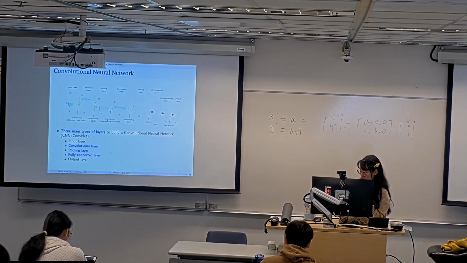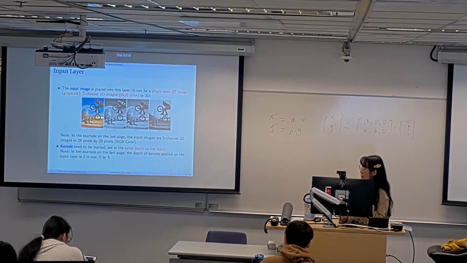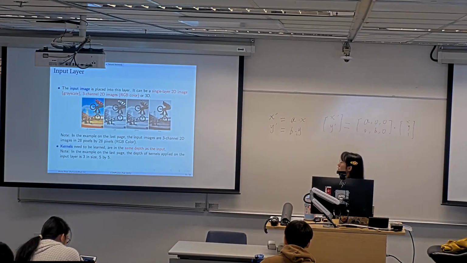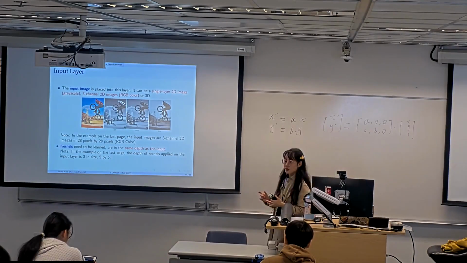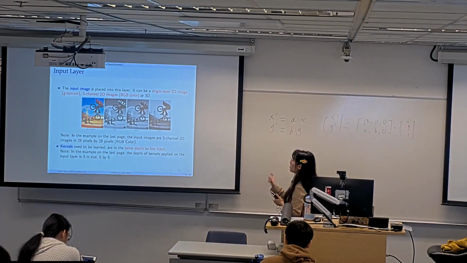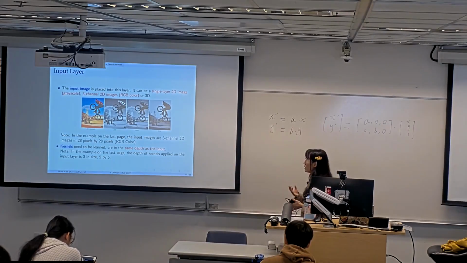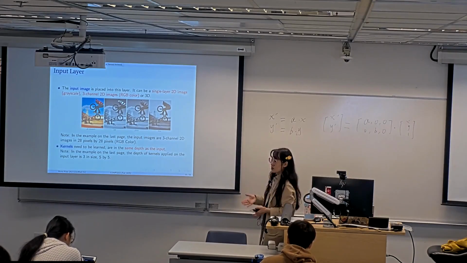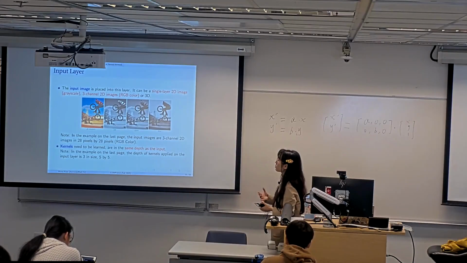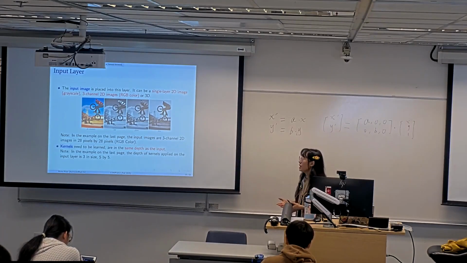So let's see the input layer first. The input layer is quite simple. It's just the input image, which you place into this layer. It can be a single-channel 2D image, meaning grayscale, or a 3-channel 2D image, that's RGB color.